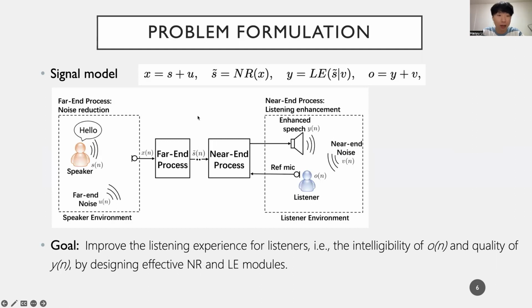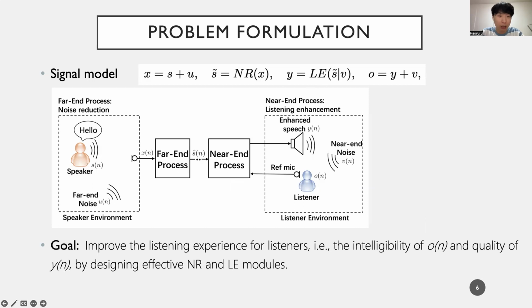Before discussing the details, let's first reformulate fluent speech enhancement using a signal model. As this figure shows, the microphone signal is noted as X. It is composed of the speaker's voice S plus the far noise U, and it is processed by the noise reduction module. The output is S_TD, and this signal is transmitted to the near side. We have a listening enhancement module, LE, to process it to further improve its intelligibility.